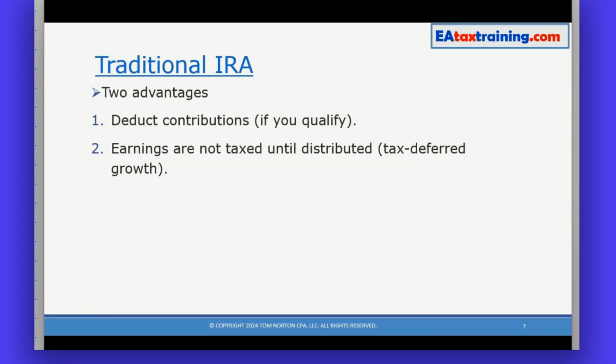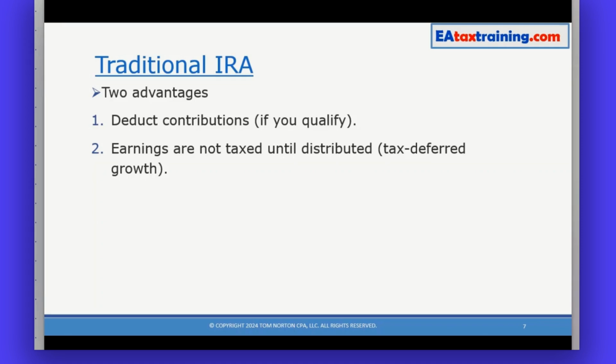When that money is in a qualified retirement account, you do not have to pay tax on those earnings each year. So the earnings go into the account and it grows, but you do not pay tax on them. With a traditional IRA, we call that tax deferred growth. It's not tax free because eventually you are going to have to pay taxes on it, but you don't have to pay taxes on it yet.